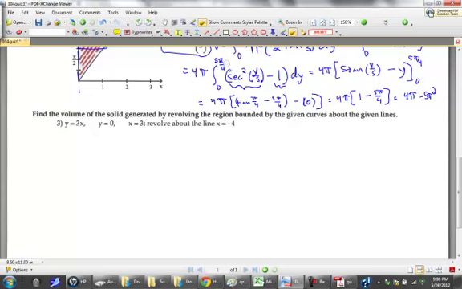Let me erase this line here, go back and put a 5 on here. Sorry about that. So we get a 5, so we get 20 pi minus 5 pi squared.